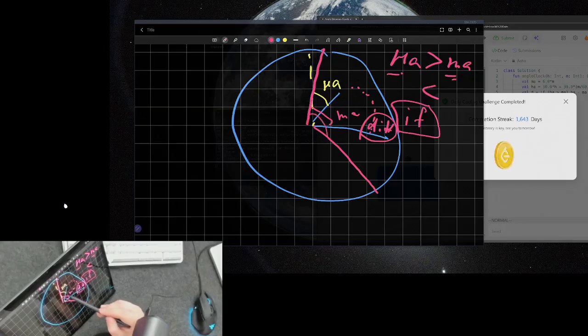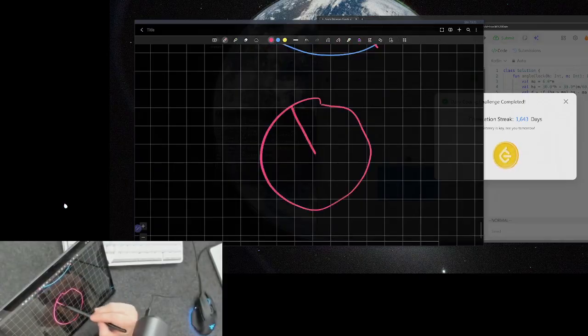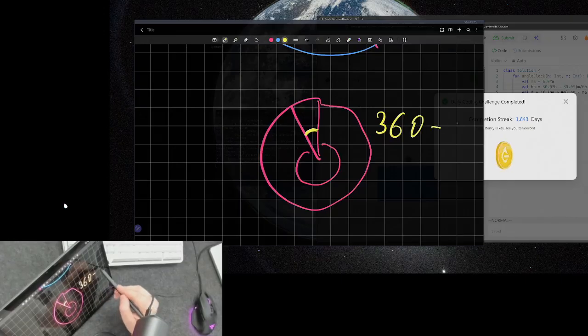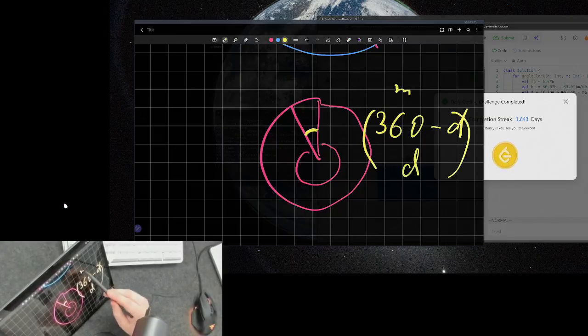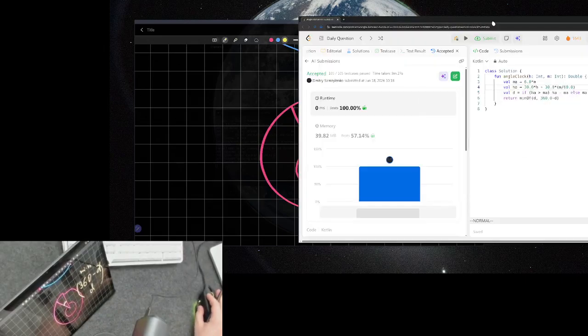This will be the difference, and in this case the difference would be this angle, and we want the smallest, so we have to do 360 minus difference and compare this with the difference itself, and then take the minimum. So this is one solution. It's very simple to think about.